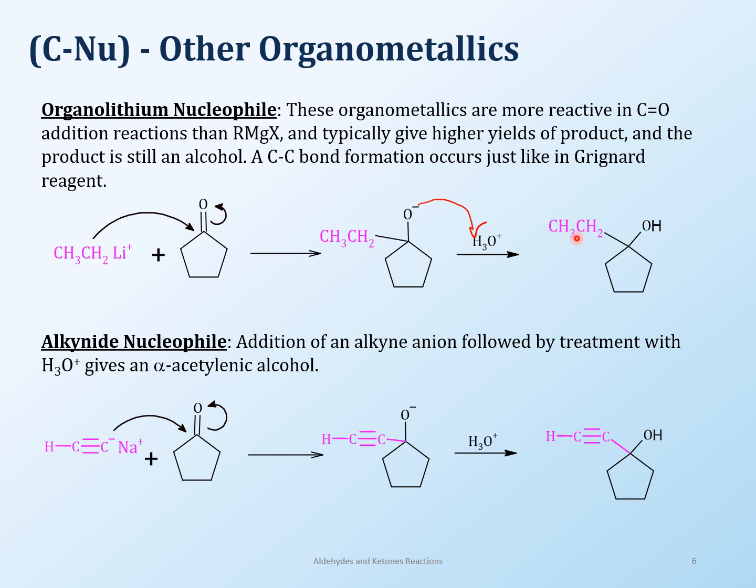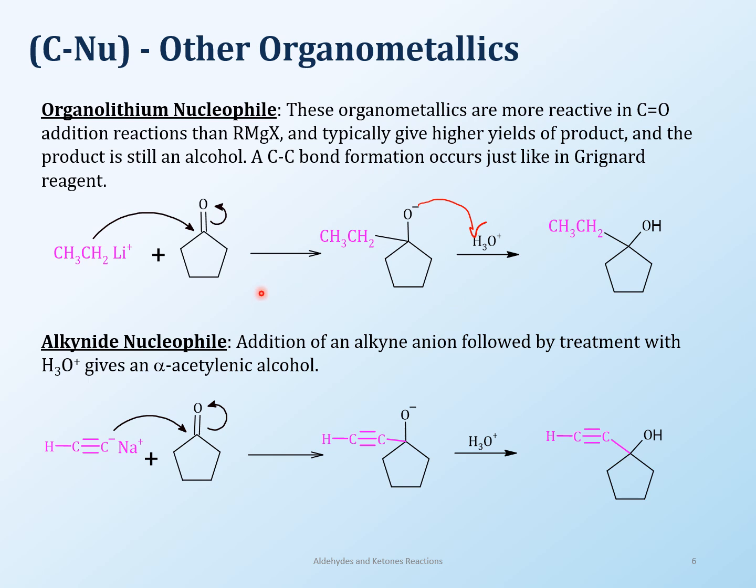Depending on what you want, do you want an alkyne on your compound or just an alkyl group? Now, the difference between the organolithium and the Grignard reagents is that organolithiums are way more reactive, so they're a little bit harder to control. But otherwise, they're good, no problems at all.